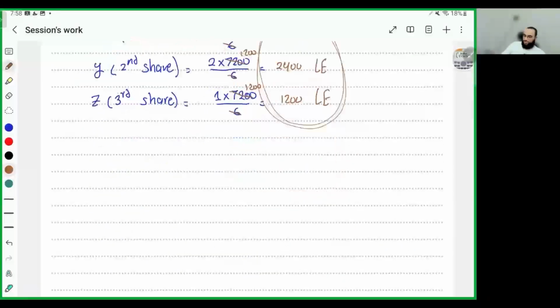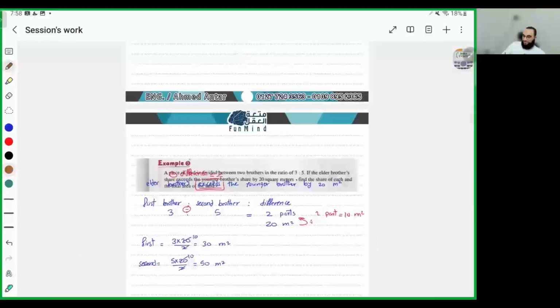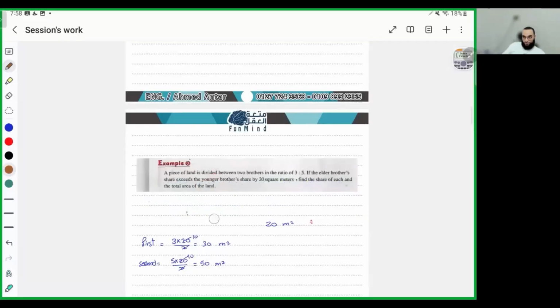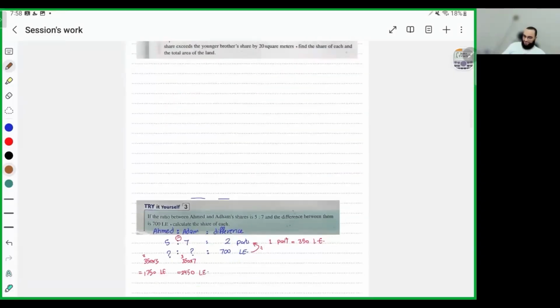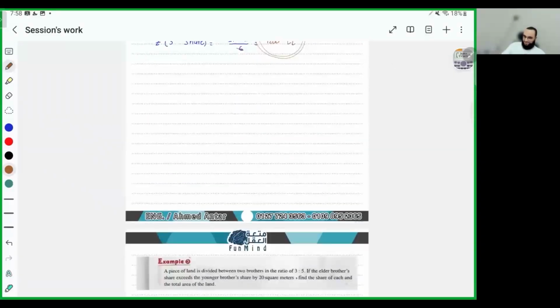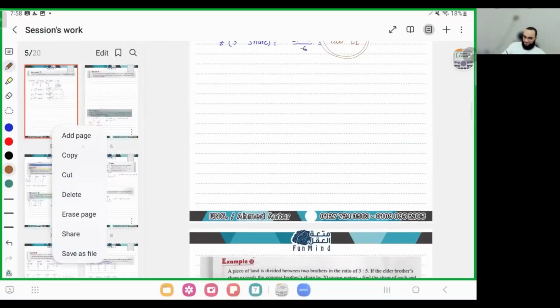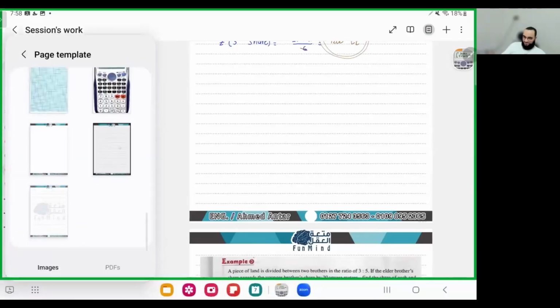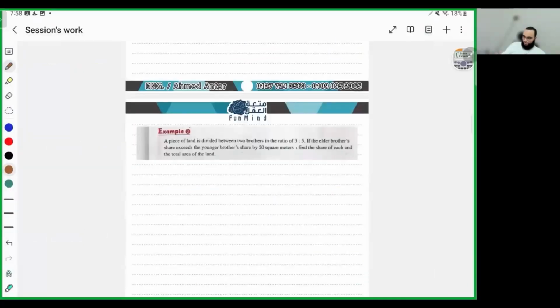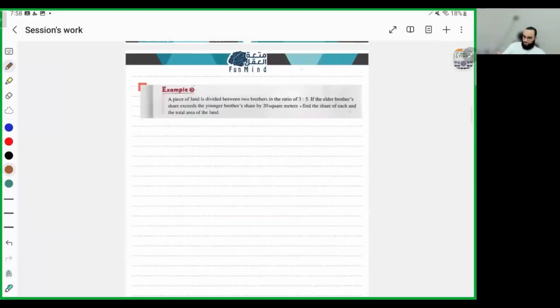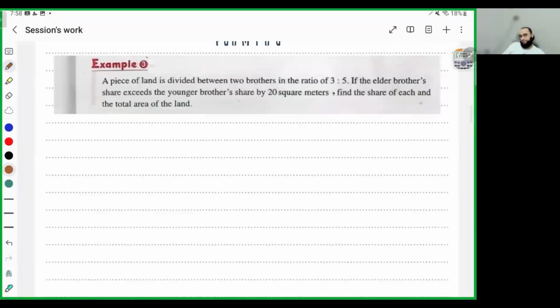Okay. So, Mariam, it's a difficult question. Take care. Read the question. A piece of land is divided between two brothers in ratio.